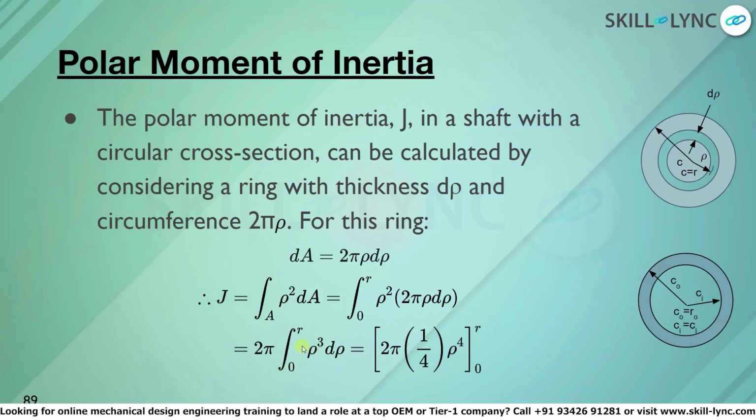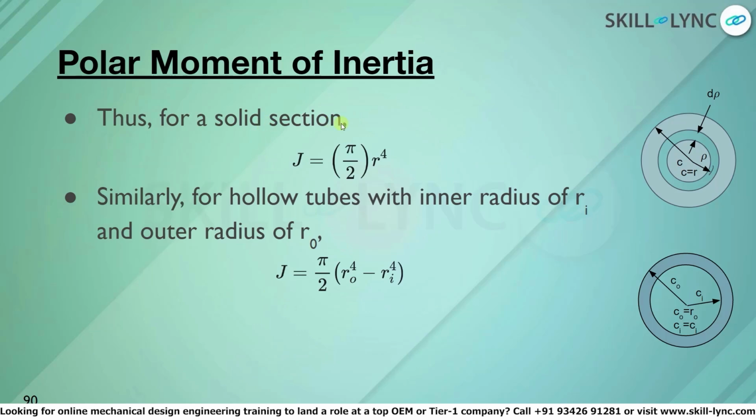Taking the limits, for a solid section we get J equal to pi by 2 into r to the power 4 after simplifying the integral. In the same way, for hollow tubes which have inner radius Ri and outer radius Ro, after simplifying the integration we get J equal to pi by 2 into (Ro to the power 4 minus Ri to the power 4).